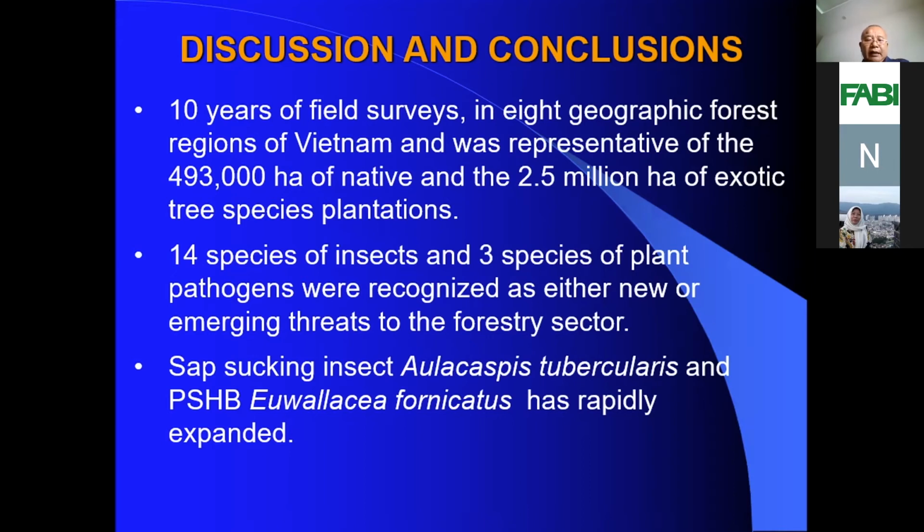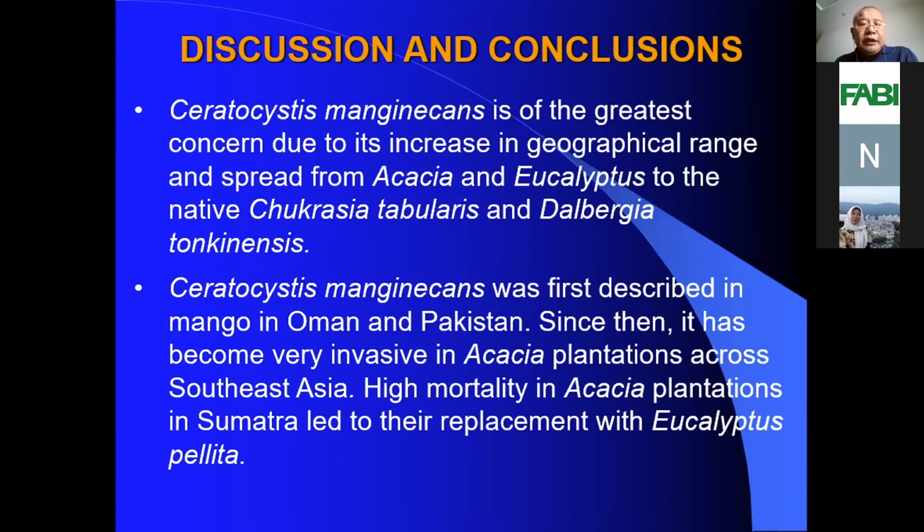Sap-sucking insect Aulacaspis tubercularis and polyphagous shoot borer Ovalaci fumigatus have rapidly expanded. Ceratocystis manginecans is of the greatest concern due to its increase in geographical range, spreading from acacia and eucalyptus to native Chukrasia tabularis and Tarrietia tomkinensis. Ceratocystis manginecans was first described in mangrove in Oman and Pakistan.